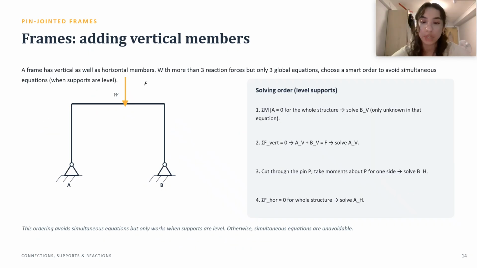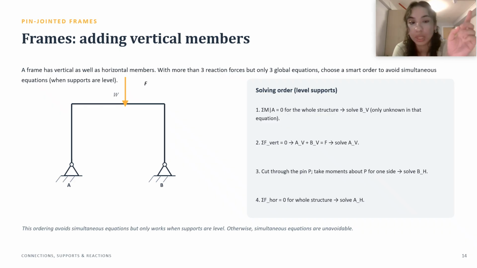Right, now frames. This will be a bit different, but similar to the previous example. We have this frame that is supported by 2 fixed pins, and we have more than 3 unknowns. So we have AV and AH, BV and BH.